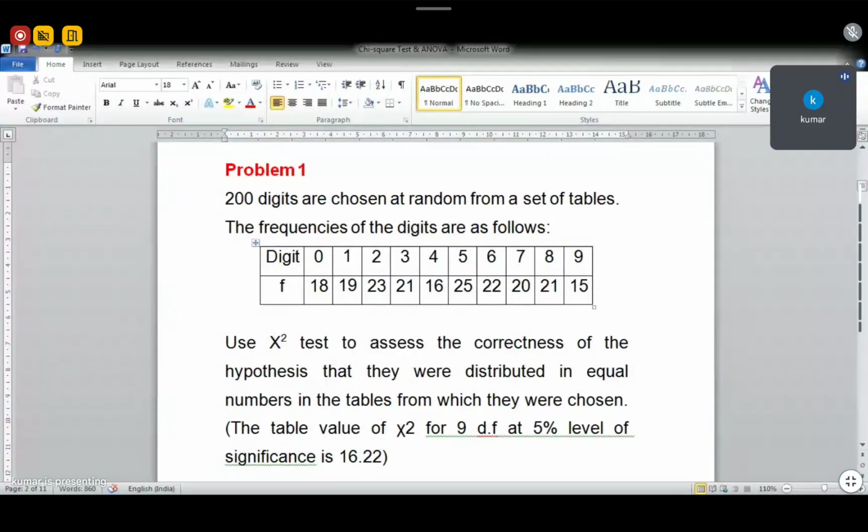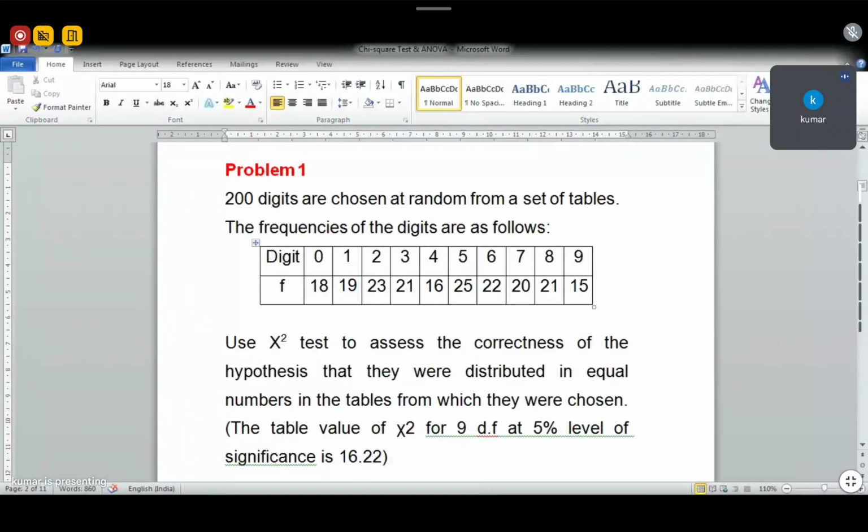Let me move on to the study material and go for the second problem. Let me complete that also. Second illustration: in an experiment on immunization of cattle from tuberculosis, the following results were obtained. So this is given here. The observed frequency is given. In the same way, you have to calculate the expected frequency and then find out the chi-square value.